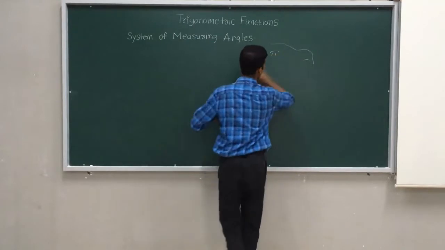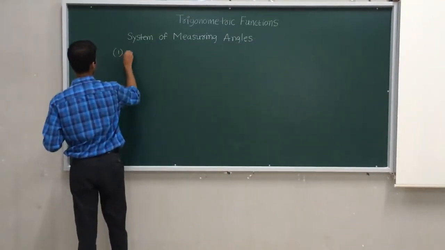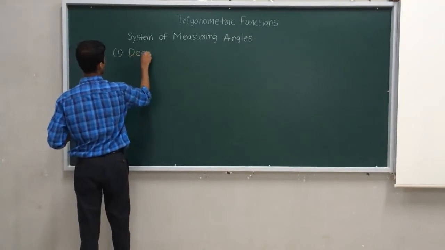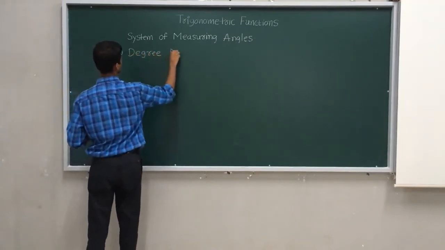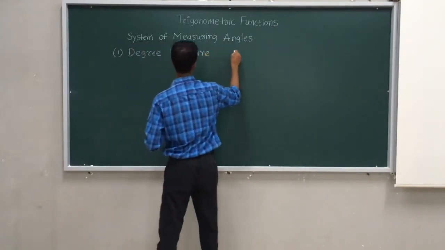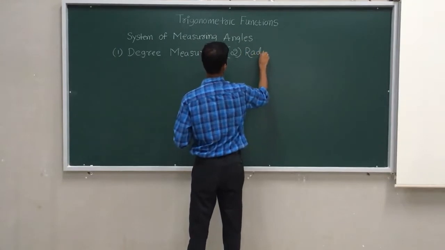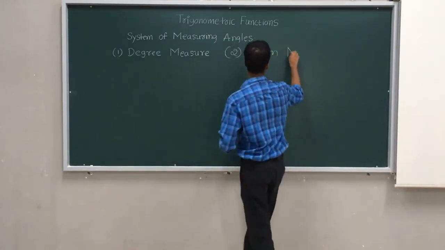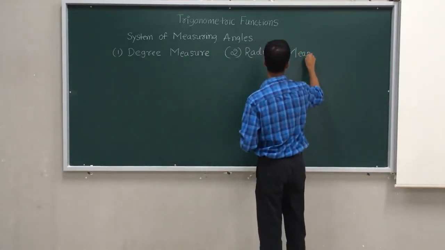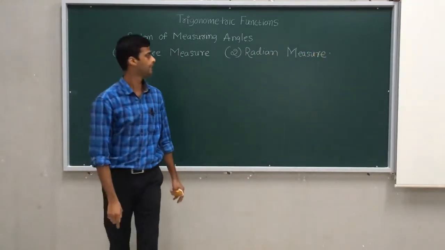So there are 2 measuring angle. One is degree measure and second one radian measure. Degree measure and radian measure.